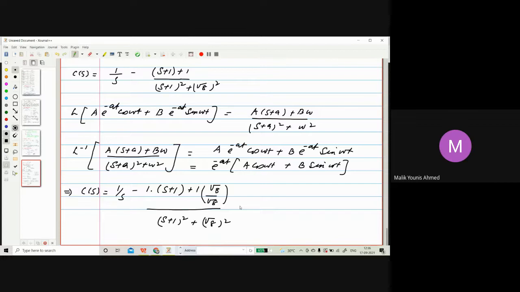So exactly this is the formula. A is equal to 1. B is also 1. Omega is √8. So I'll be using that √8, 1/√8.